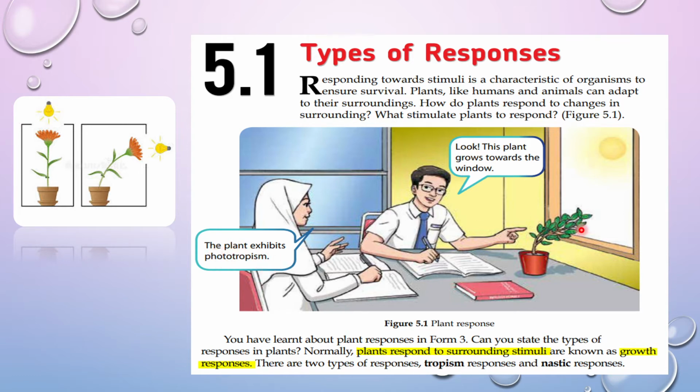That means it is responding to photo, and photo here refers to light. So light is the stimulus in this case. Since the shoots are growing towards the light stimulus, to be specific, these shoots of the plant are exhibiting positive phototropism.